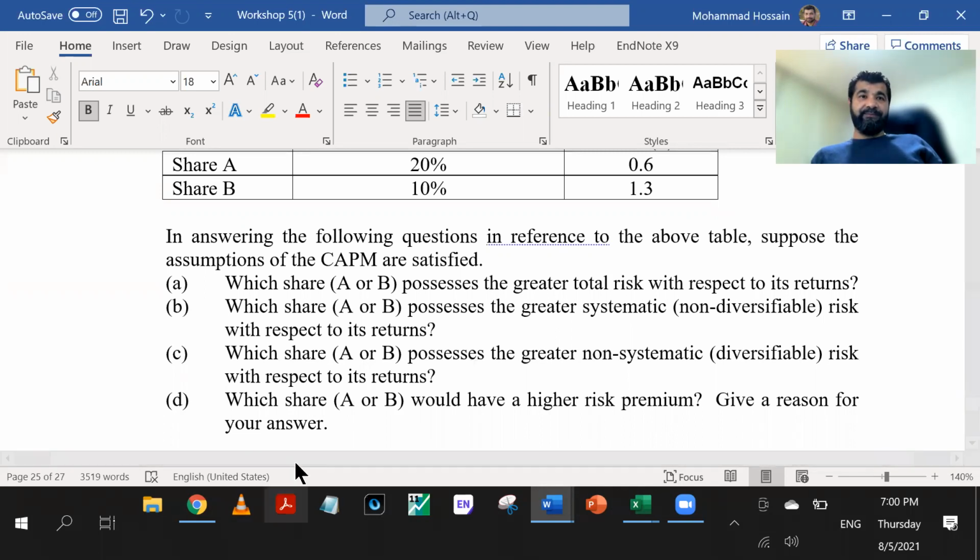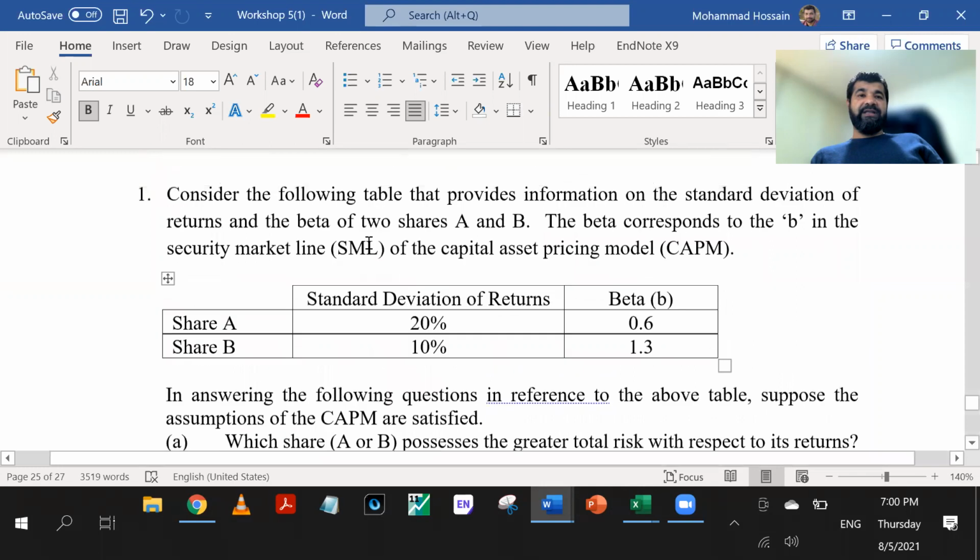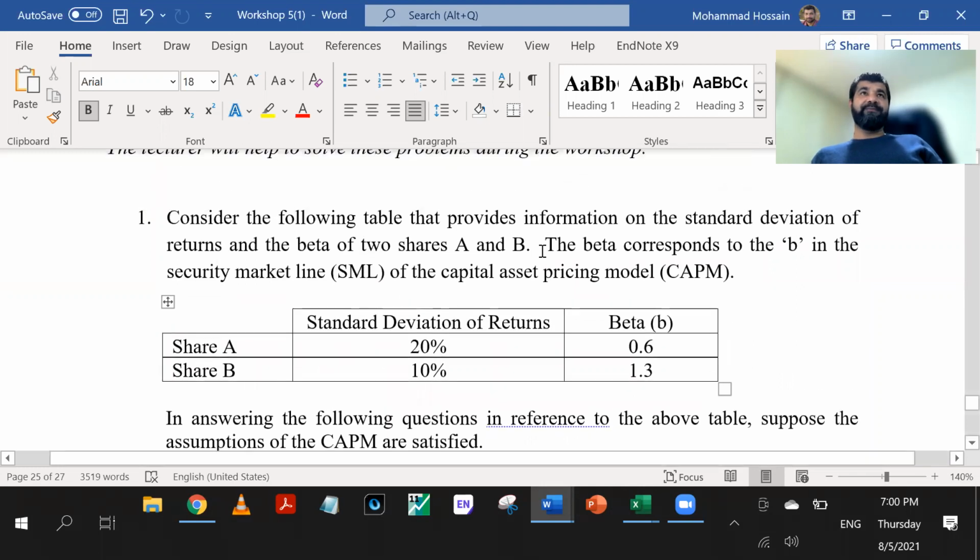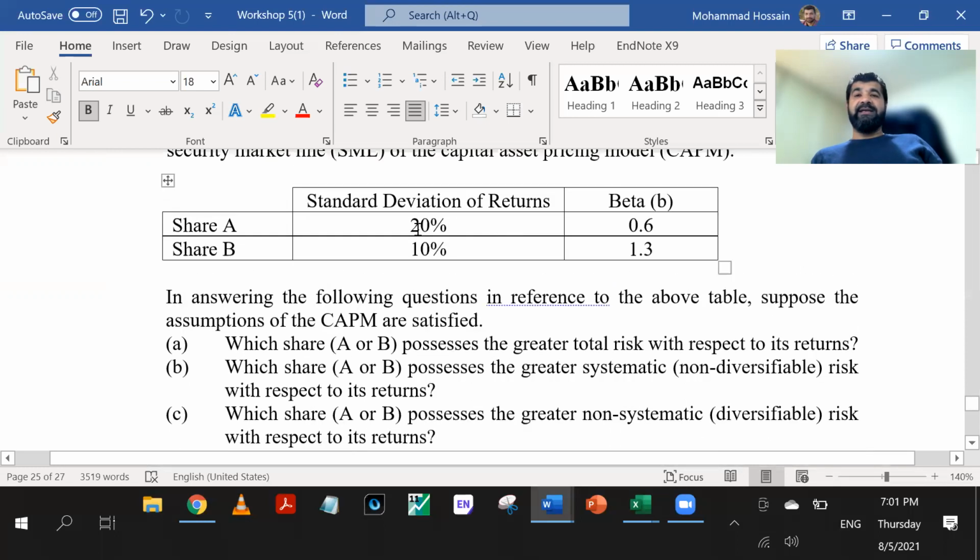The first one. Consider the following table that provides information on the standard deviation of returns and the beta of two shares A and B. And the beta corresponds to the beta in the security market line of the CAPM. So they're giving us standard deviation and the beta.